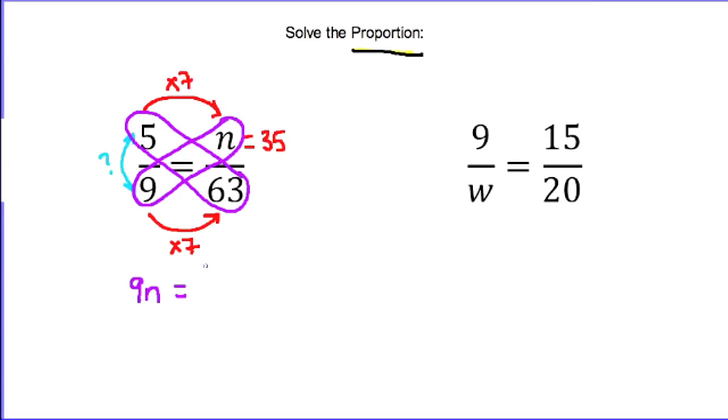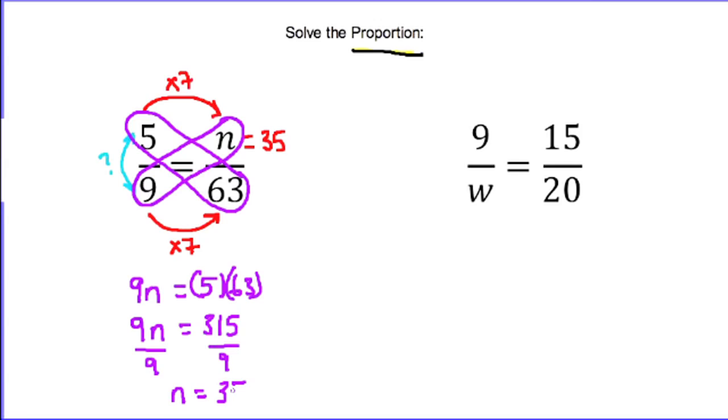And what I get here is an equation. 9n equals 5 times 63, which is 315. And so this is just a one-step equation. I divide by 9, and n is equal to 315 divided by 9, which is in fact 35. So this is just another way to confirm that my missing value is actually 35.